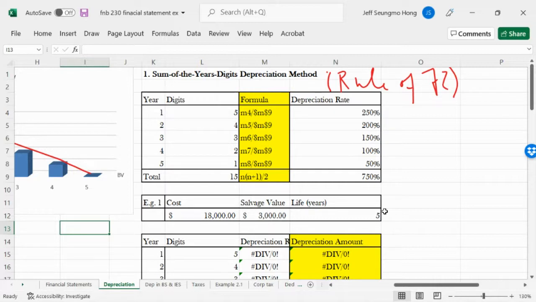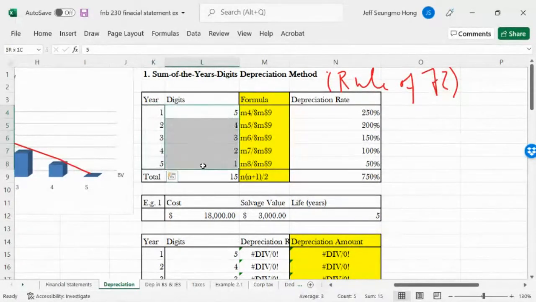So usually what you do is, if the life is 5 years, you reverse the order, because these digits will be the numerator of the fraction or the weight. If you sum everything, it's going to be 15.